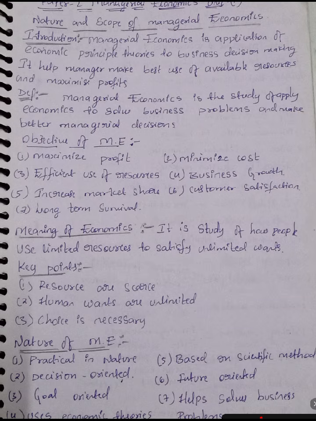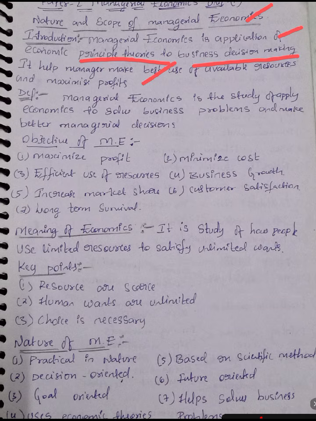So first, in managerial economics unit 1, nature and scope of managerial economics. Managerial economics is the application of economic principles and theories to business decision making, and it helps managers make the best use of available resources and maximize profits.